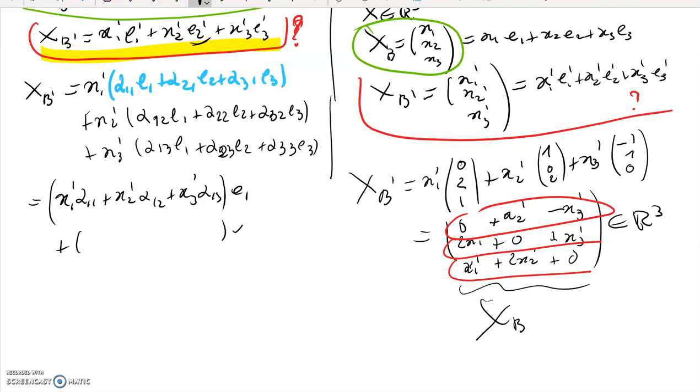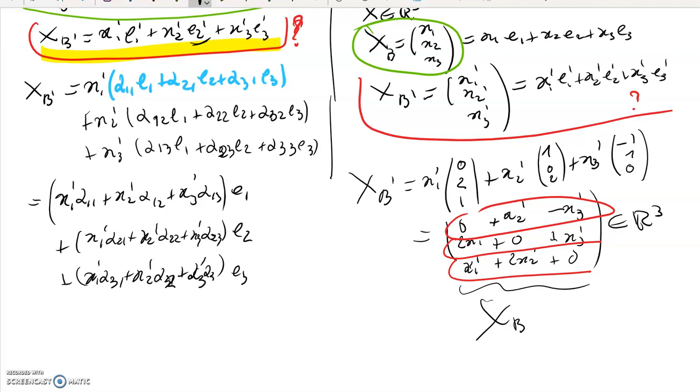I can factor with e2 and with e3: x1 prime alpha 2 1 plus x2 prime alpha 2 2 plus x3 prime alpha 2 3, and x1 prime alpha 3 1 plus x2 prime alpha 3 2 plus x3 prime alpha 3 3.